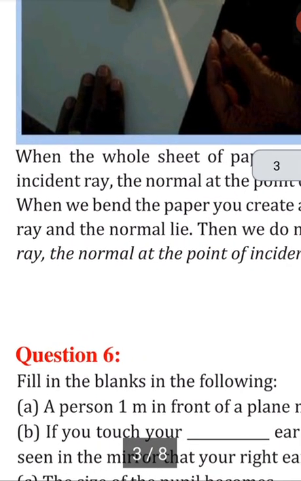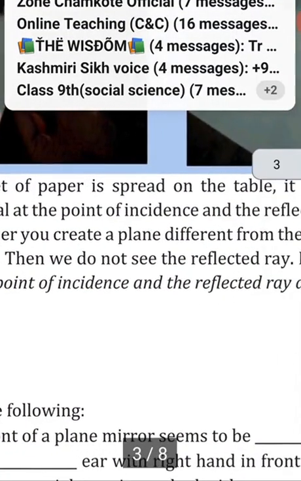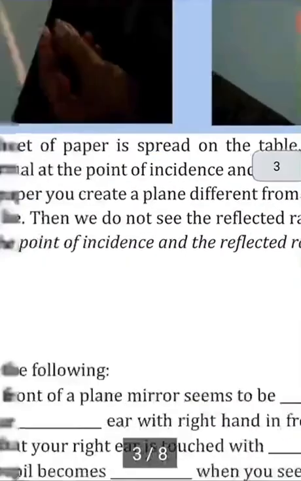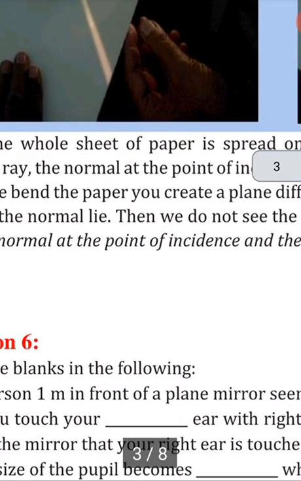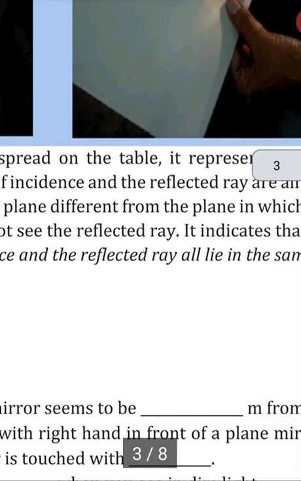When we bend the paper, we create a plane different from the plane in which the incident ray and the normal lie. Then we do not see the reflected ray.